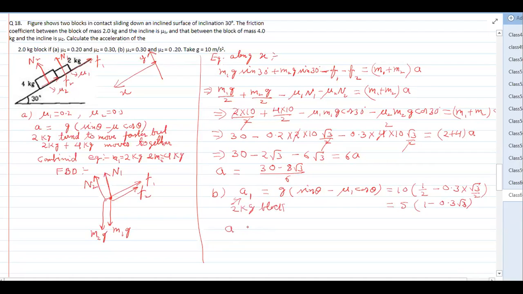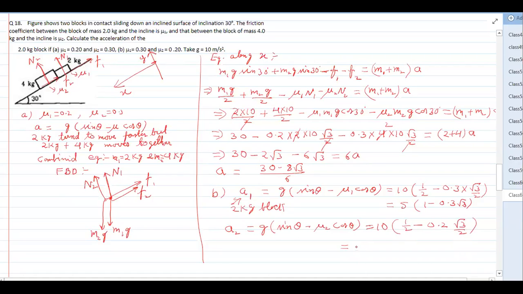Similarly, for the 4 kg block, we can write g sin theta minus mu2 cos theta. So g is 10, sin theta is half, mu2 is how much? The second object is having 0.2, cos theta is root 3 by 2.